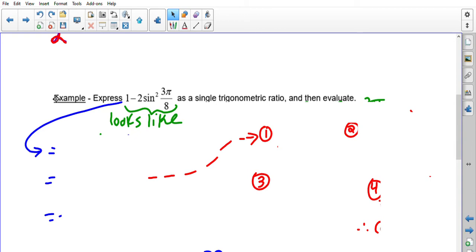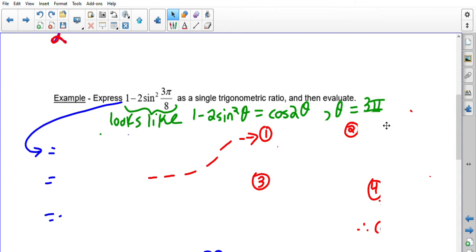It says express 1 minus 2 sine squared of 3 pi over 8 as a single trig ratio, and then evaluate. So very similar to what we did up here. Looking at this, we should be saying that this looks like 1 minus 2 sine squared theta, which we know is equivalent to cos 2 theta.